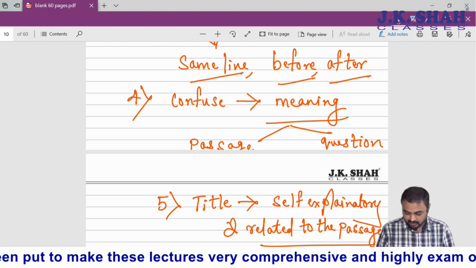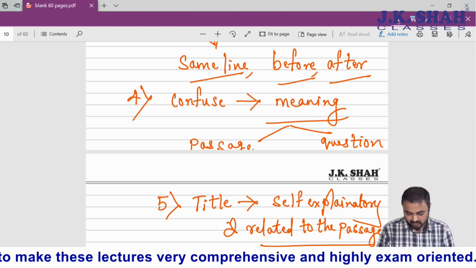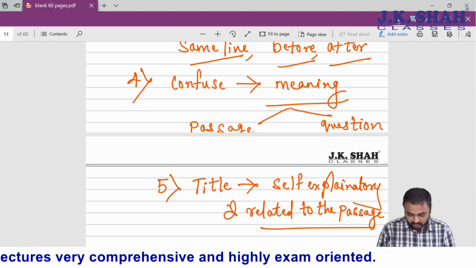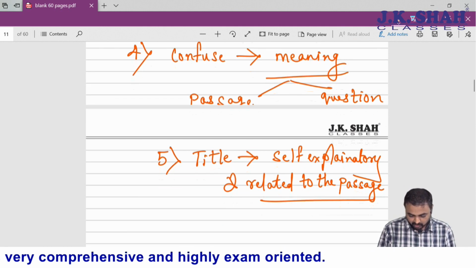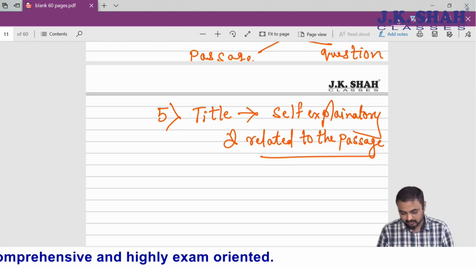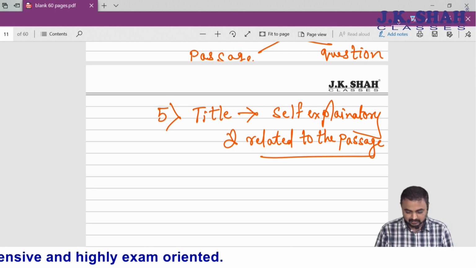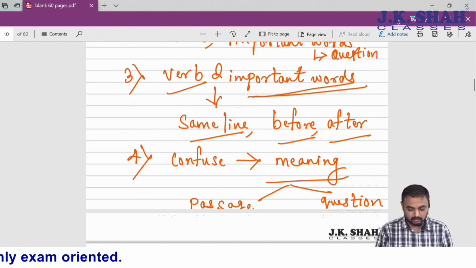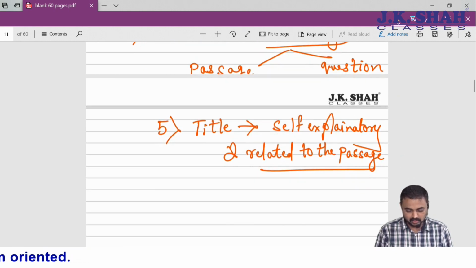It means in a question a particular word is given, while in the passage a different word is used. If you are asked to write a title, see to it that the title is self-explanatory and related to the passage. That is all about the topic. Topic number 4, comprehension passages.